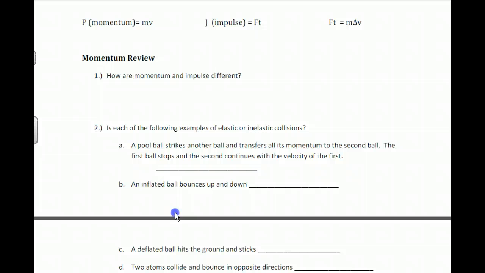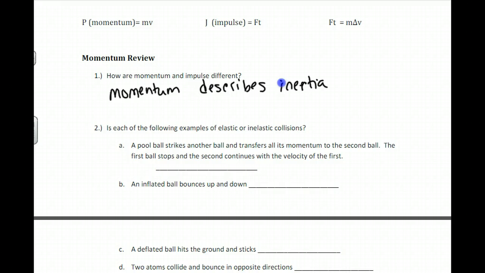So let's go ahead and answer number 1. How are impulse and momentum different? Momentum describes inertia in motion, which is basically mass, remember, in our heads. So that's your mass times your velocity.